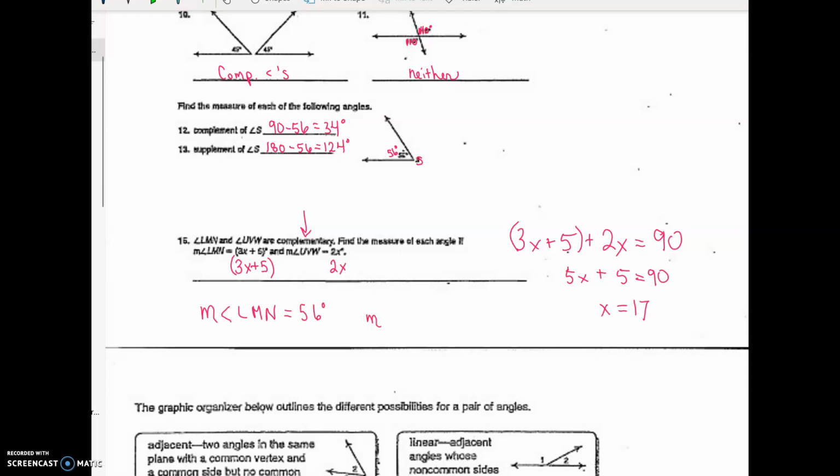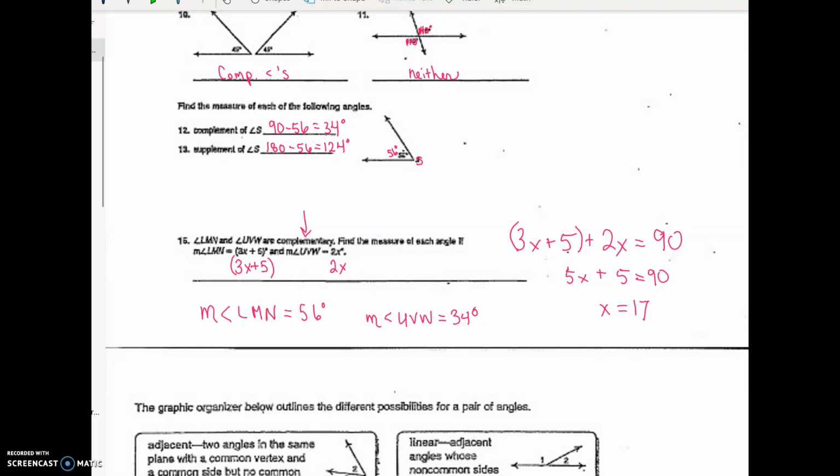And then the measurement of angle UVW is going to be 34 degrees when we plug in 17 there. So be careful when you read the question, because sometimes they might ask you just to solve for x, and other times they might ask you to actually solve for the angle measure. So you have to plug it in at that point.